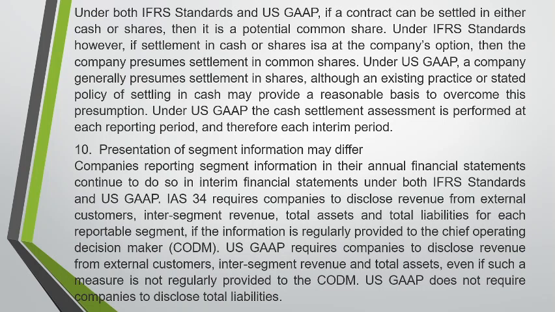US GAAP requires companies to disclose revenue from external customers, inter-segment revenue, and total assets, even if such a measure is not regularly provided to the CODM. US GAAP does not require companies to disclose total assets.